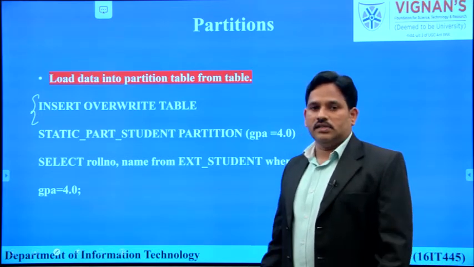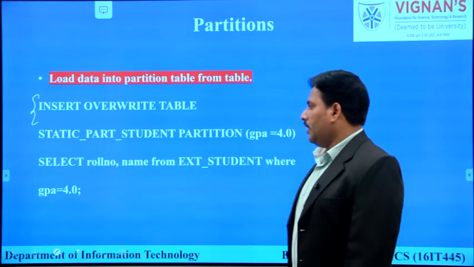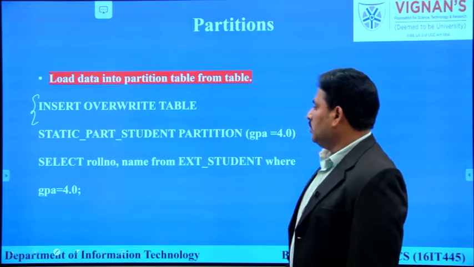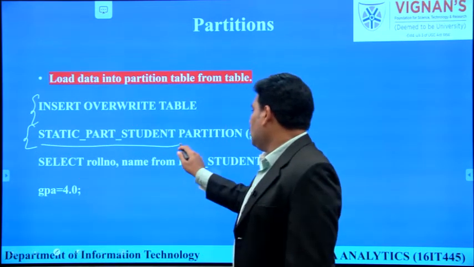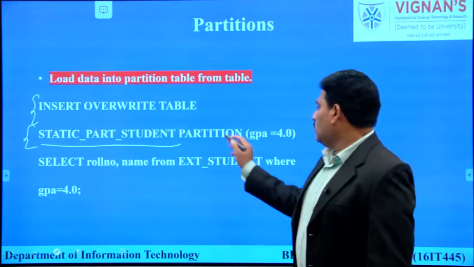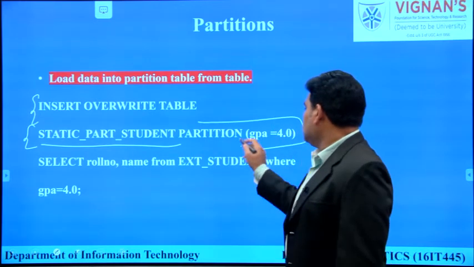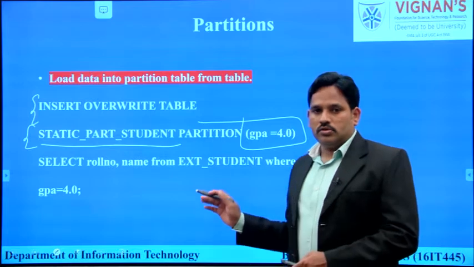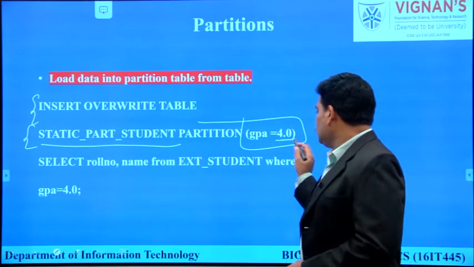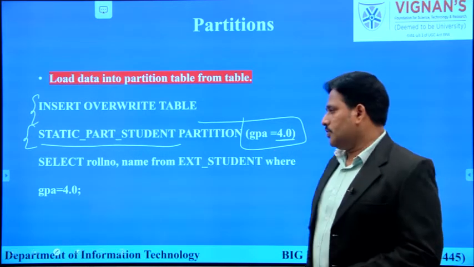If data already exists, it is going to be overwritten. On which table are we performing this data loading? Static part student based on partition column GPA 4.0. Now we are selecting only rows which satisfy the condition GPA 4.0.